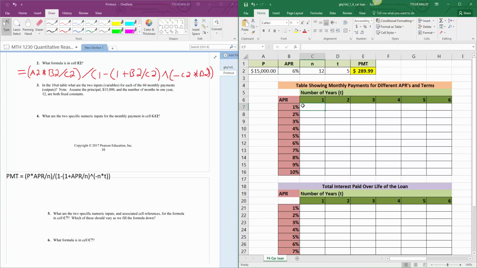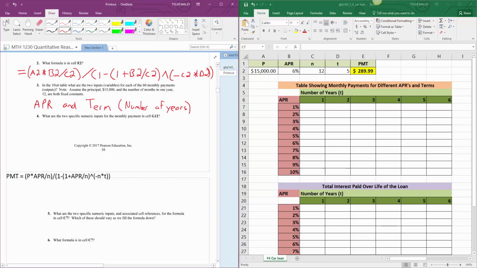So those are my two inputs. So for 3, my inputs would be APR and my term, which we could be more specific, number of years.